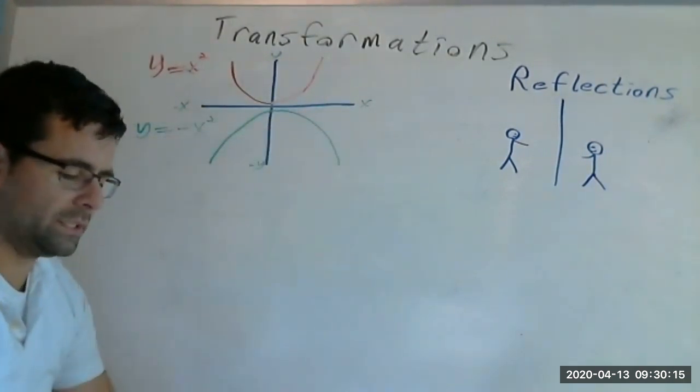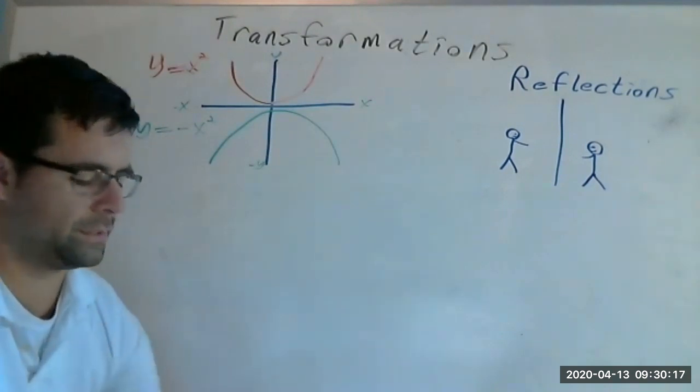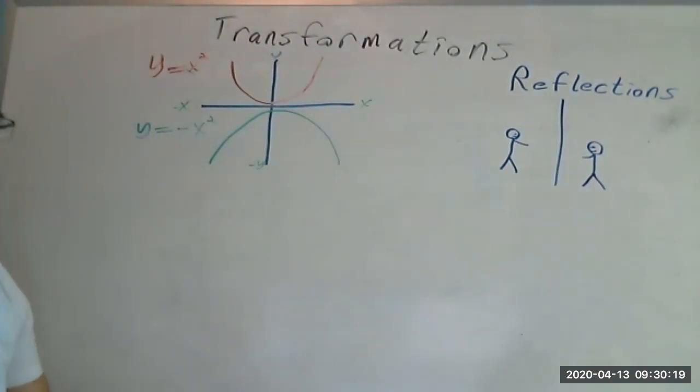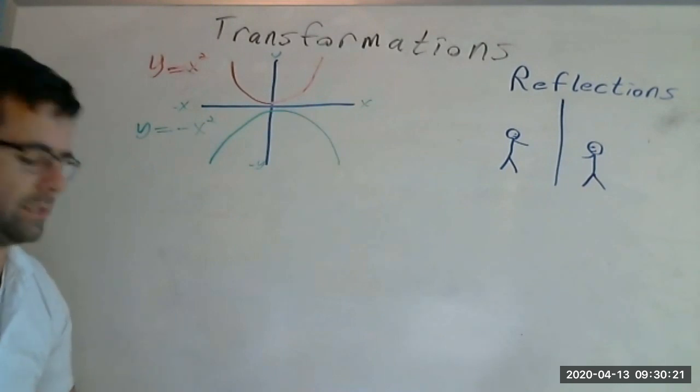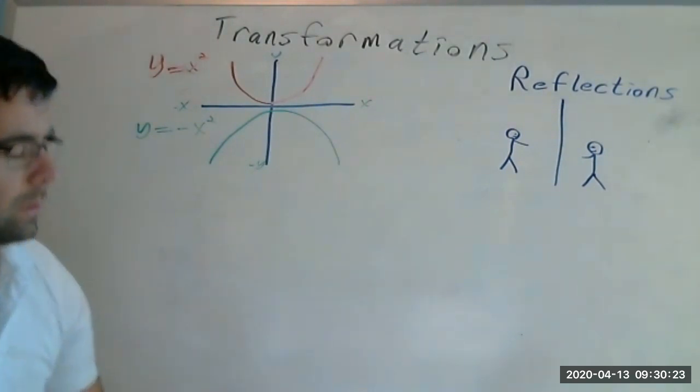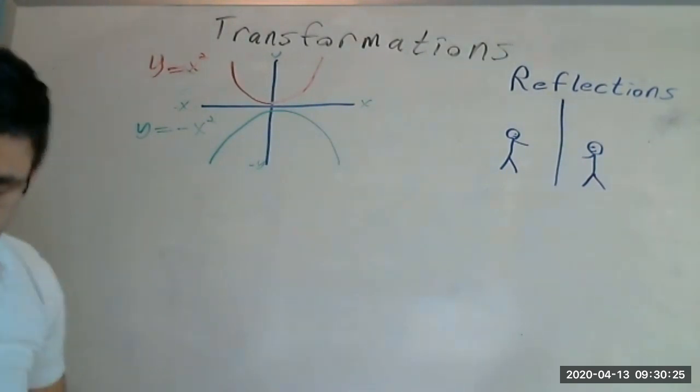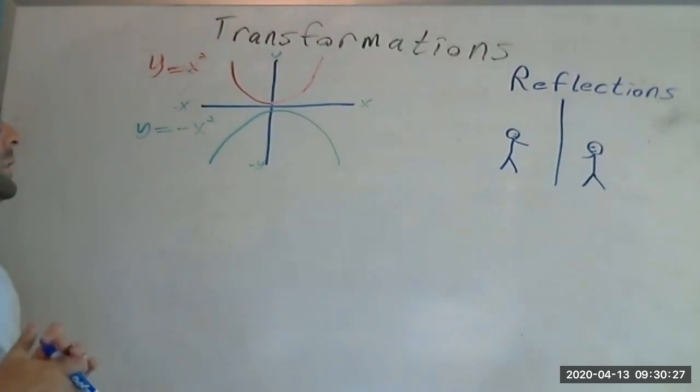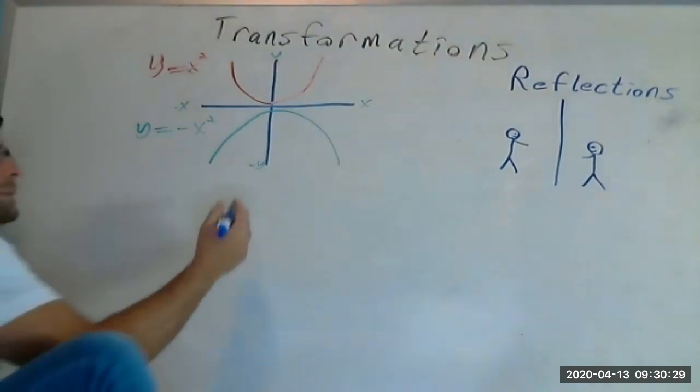So what this does is flip it over the x-axis. And the process by which we do that looks like this.